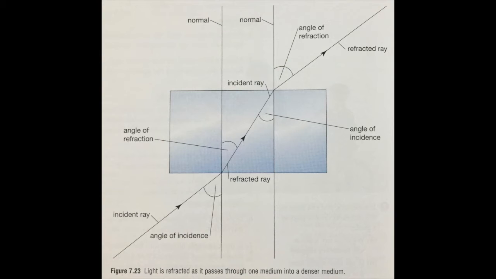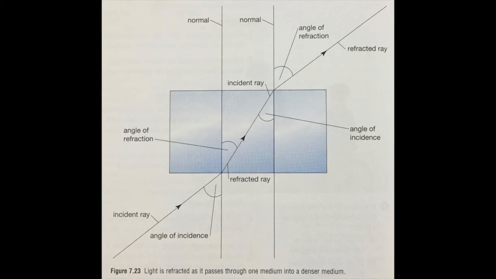And then look, when it comes out of the material, you're going to see that the angle of refraction, as opposed to the first angle of refraction, is going to be away from the normal. So as it goes in, it's bent towards the normal, and as it goes back out, it's bent away from the normal. Now, don't think it always goes like that, where it's bent toward it and then bent away from it.